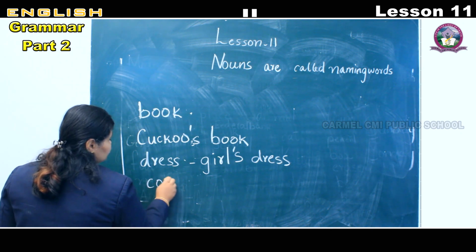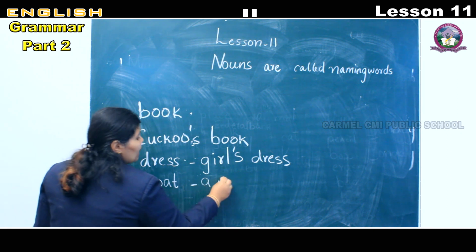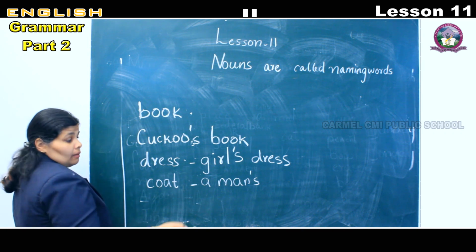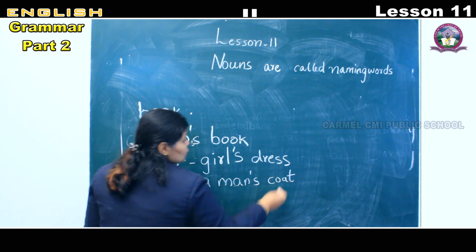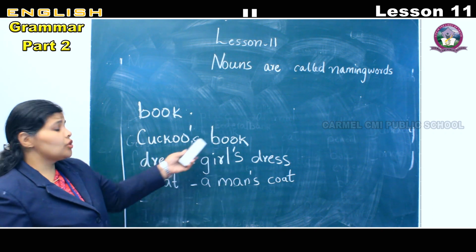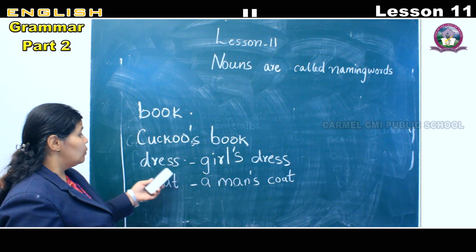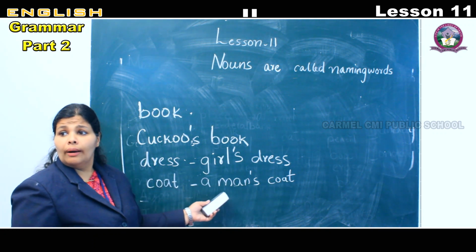Coat. A man's coat. Now whose coat is that? A man's. So you know this book belongs to Cuckoo. This dress belongs to a girl. And this coat belongs to a man.